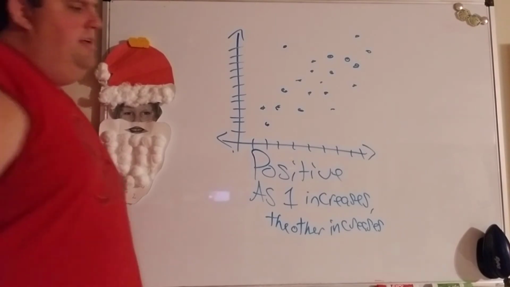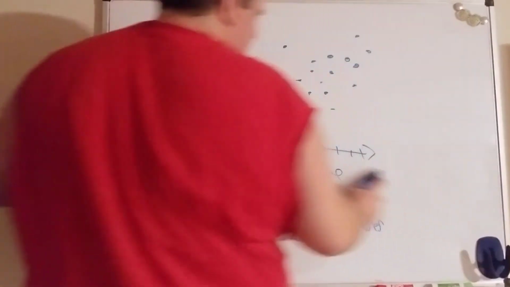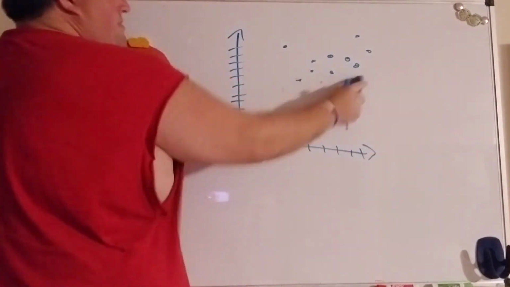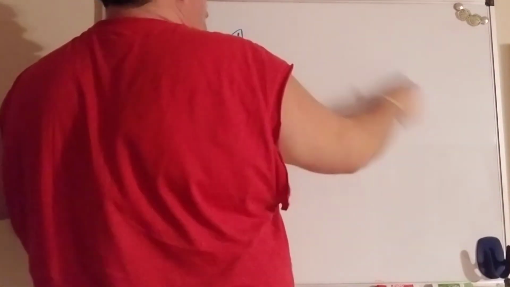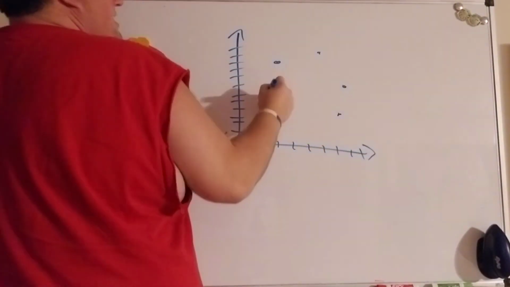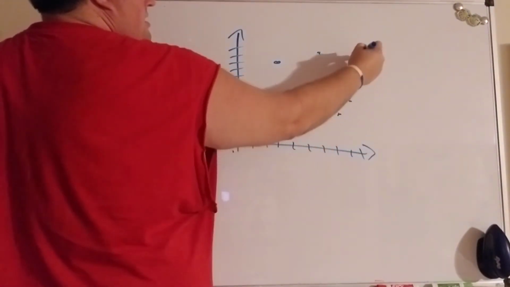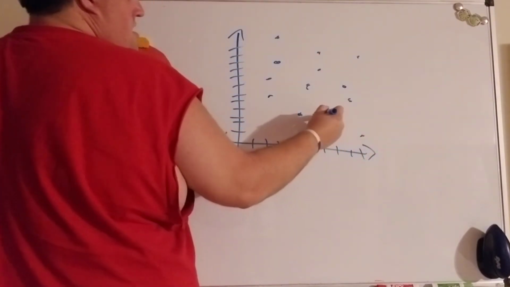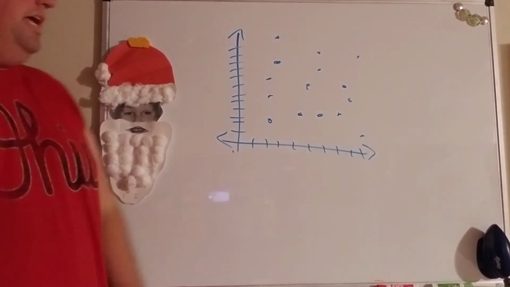The other third option would be what we would just call no association or no relationship. And that would be a truly scattered plot. Right? So something like this.